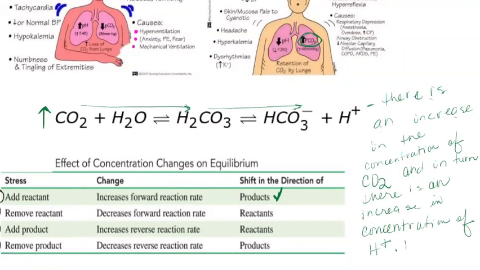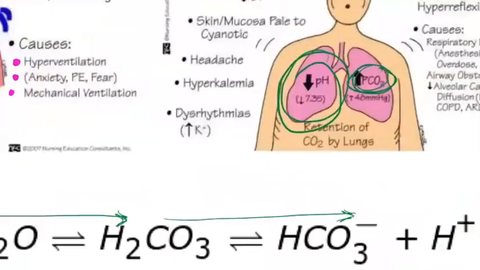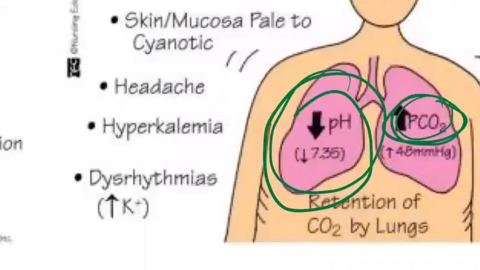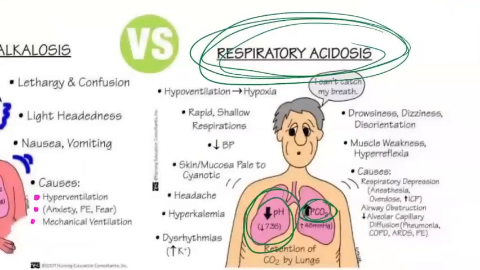If we have higher H plus concentration, that means that the pH is going to lower. And since our pH is going to be lower, that's why the system is called acidosis, okay?